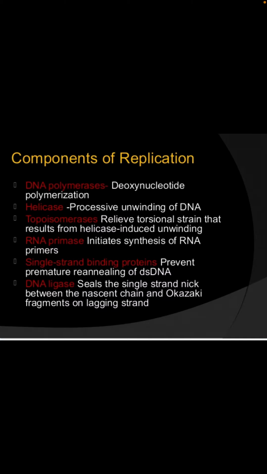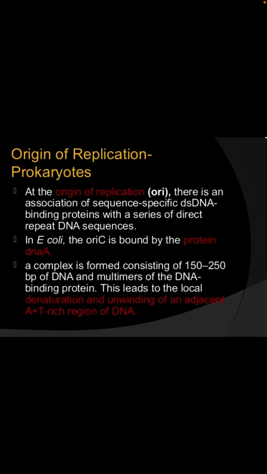So what is the origin of replication? Origin of replication is called OriC in case of prokaryotes. There is an association of sequence-specific double-stranded DNA binding proteins with a series of direct repeat DNA sequences.